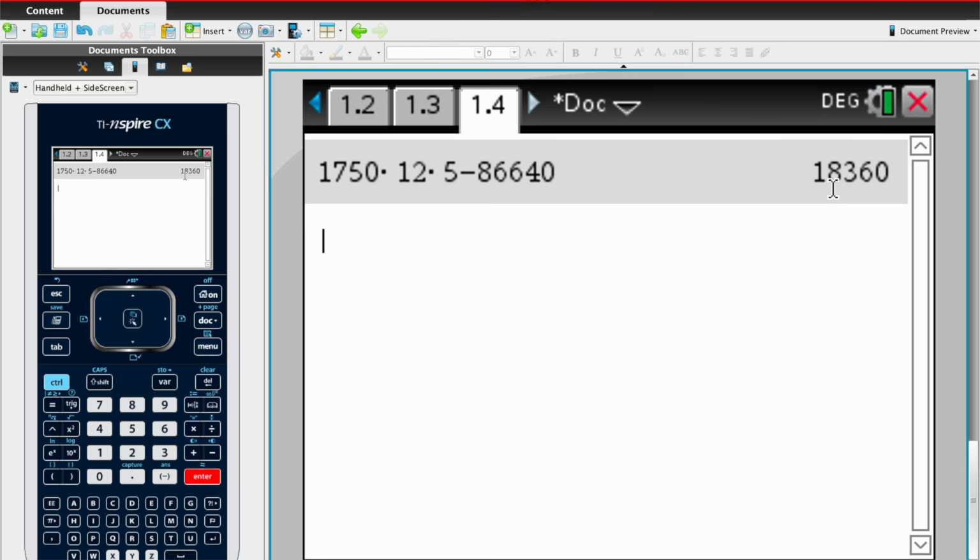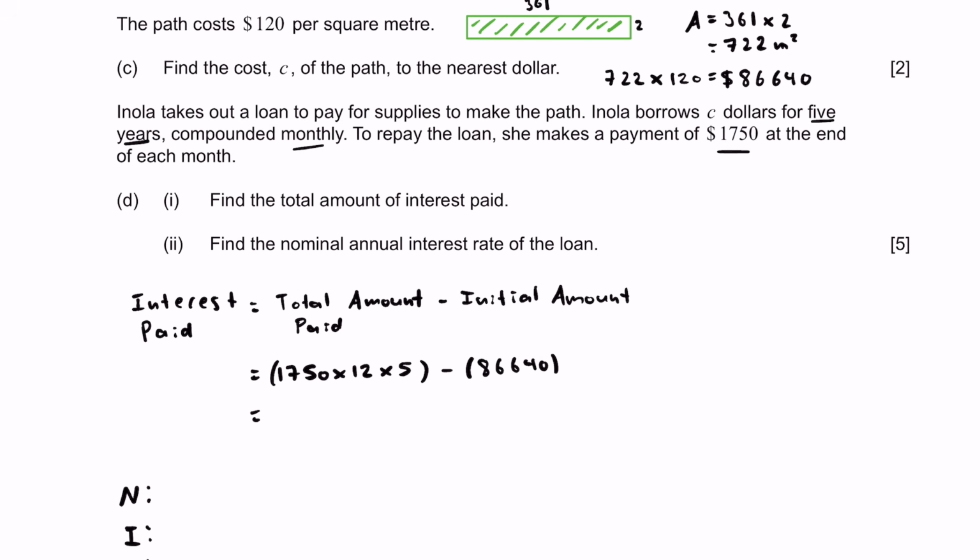All right, so $18,360. So writing that out, we have $18,360. Okay, so this would be the total amount of interest paid on the loan.